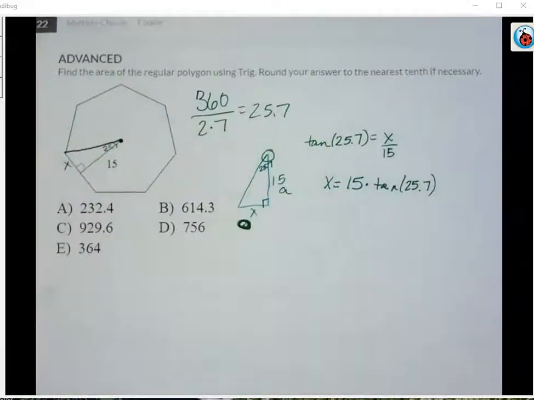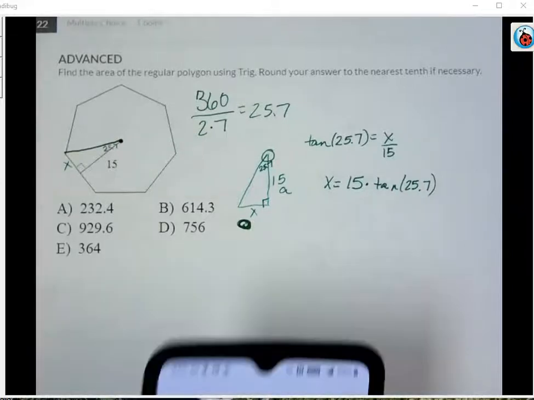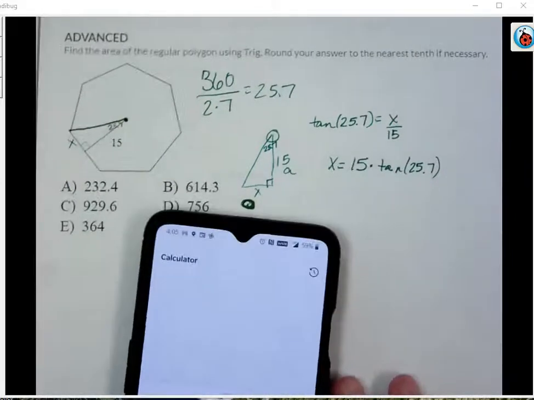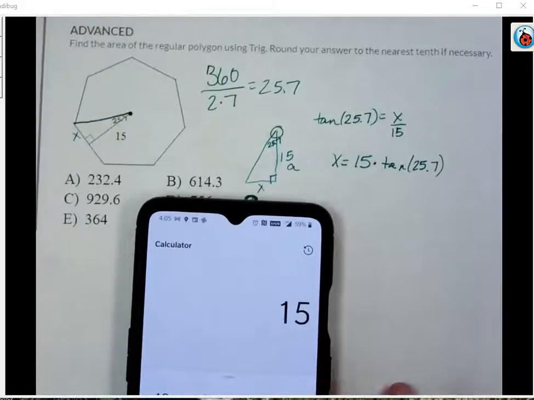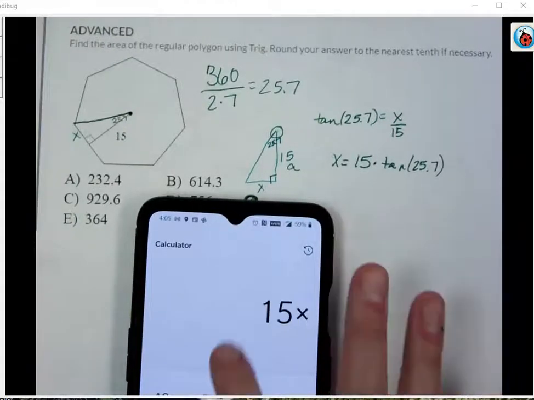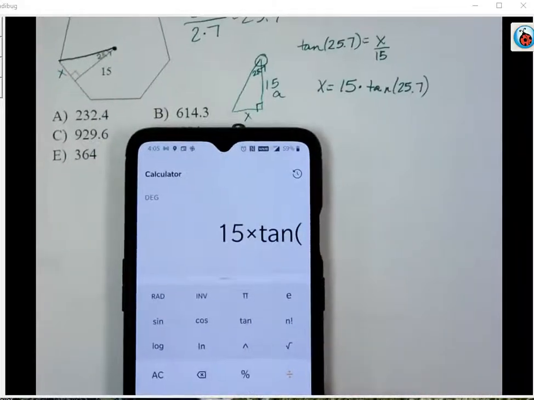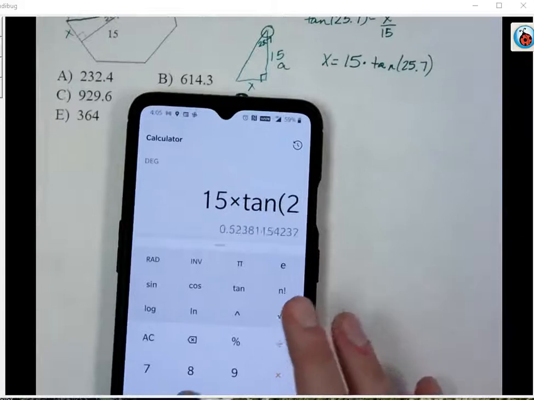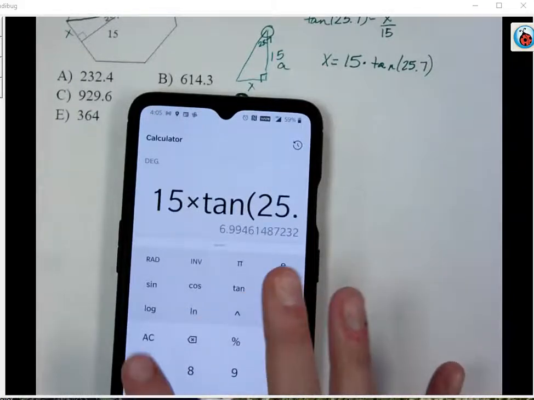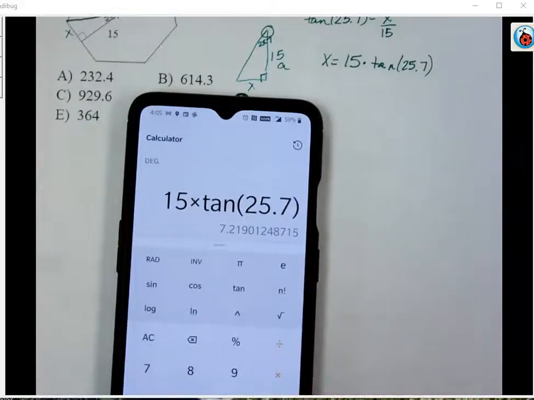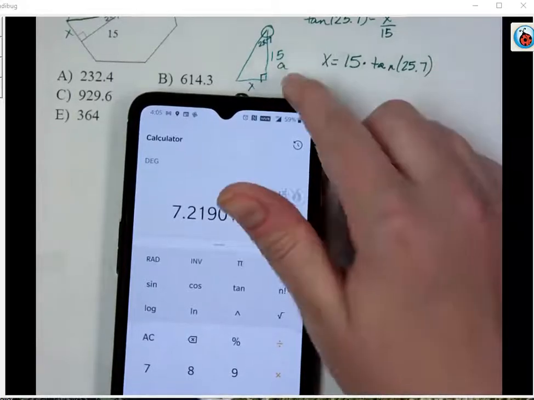We're going to put that into the calculator. And this is going to give us the length of 1/2 of one of the sides. So 15 times tangent of 25.7. We're going to get 7.2.